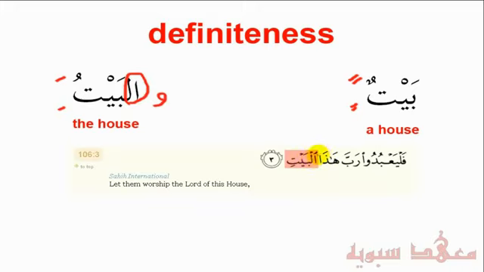Now here we have the word هذا, so هذا and al-bayt. So how do we pronounce it? It's هذا البيت. So it's not هذا البيت. You don't pronounce this hamzat al-wasl here. So you go from this alif to this lam. هذا البيت. If it started the sentence, it would be al-bayt.